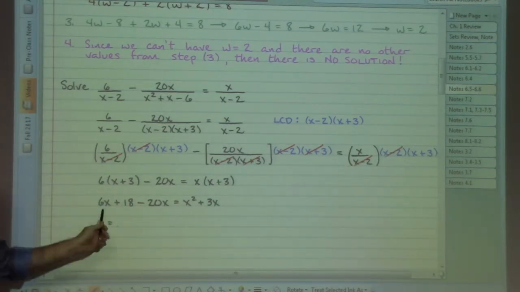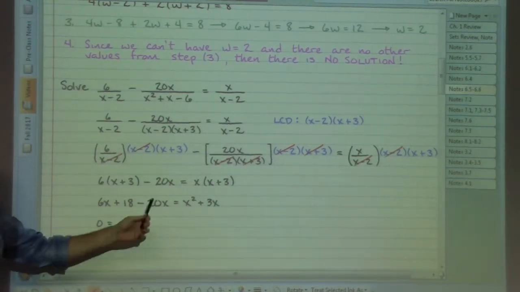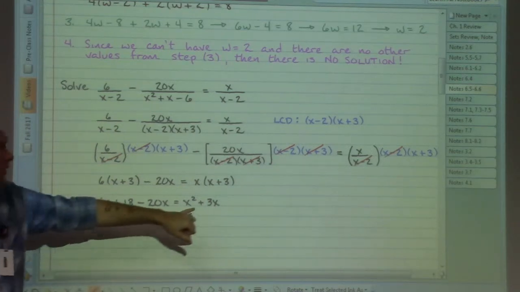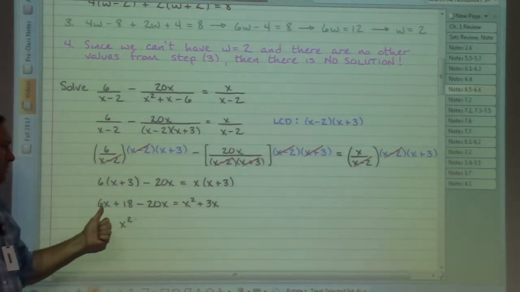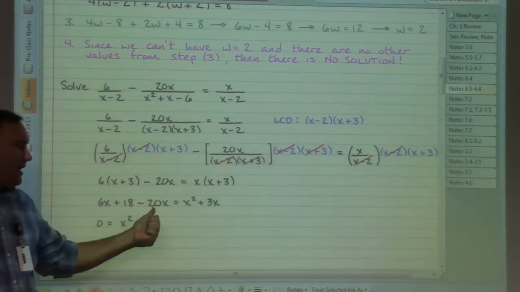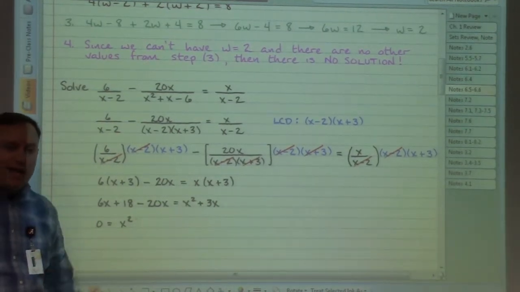Let's go ahead and get rid of the 6x, get rid of the plus 18, get rid of the minus 20x, and combine like terms along the way. That means that we would be looking at having the x squared. We have a plus 3x. We would minus 6x and also plus 20x.